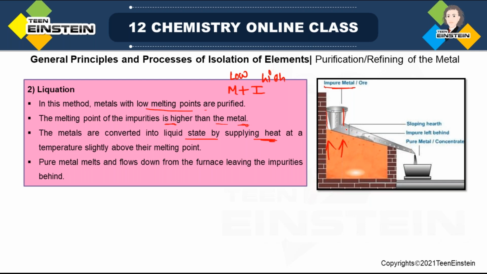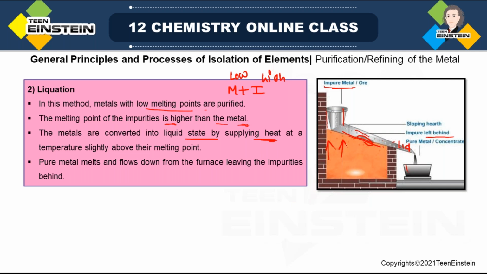Now only the metal will be in liquid form, and as it is sloping in nature, ultimately this liquid metal, that is the pure liquid metal, will be stored here, and the impurities will be left behind, because the impurities, having a higher melting point, will not be converted to liquid.